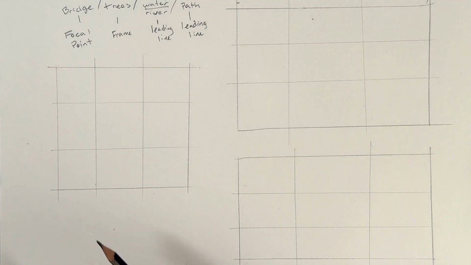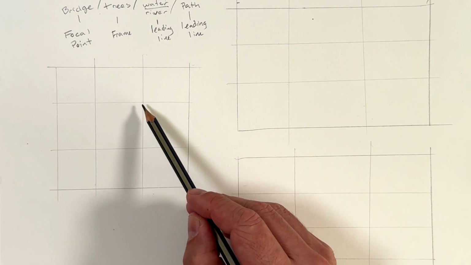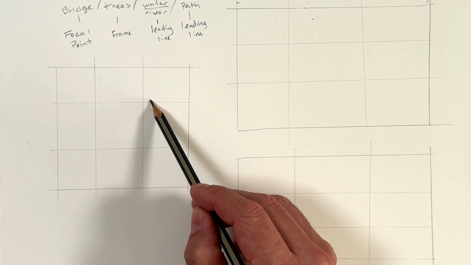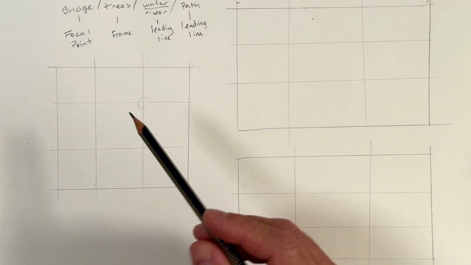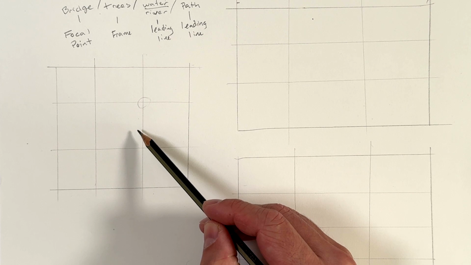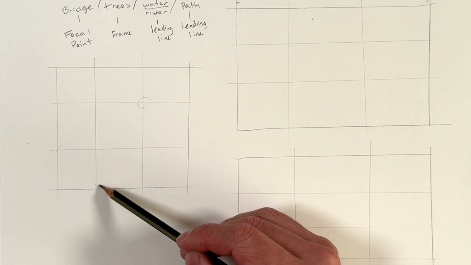All right, so let's sketch this out. And I want my bridge to be somewhere over here. And our path will start in the corner here.